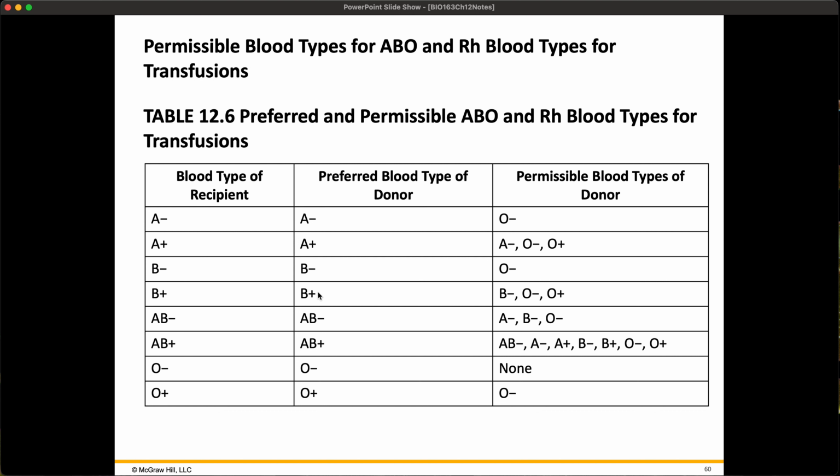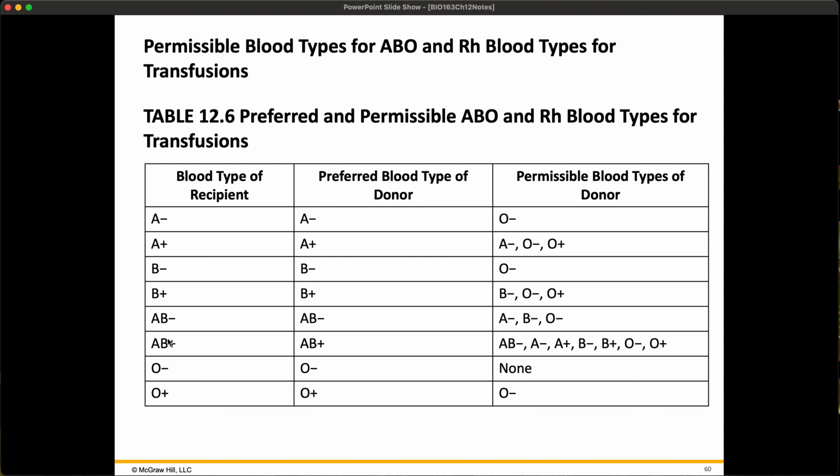B positive is the preferred, but it will accept B negative, O negative as well, the universal donor, and O positive. It can actually take O positive because it's a B positive. Notice that B negative cannot take O positive. So truly, we said O is a universal donor, but really it's O negative that is the universal donor.